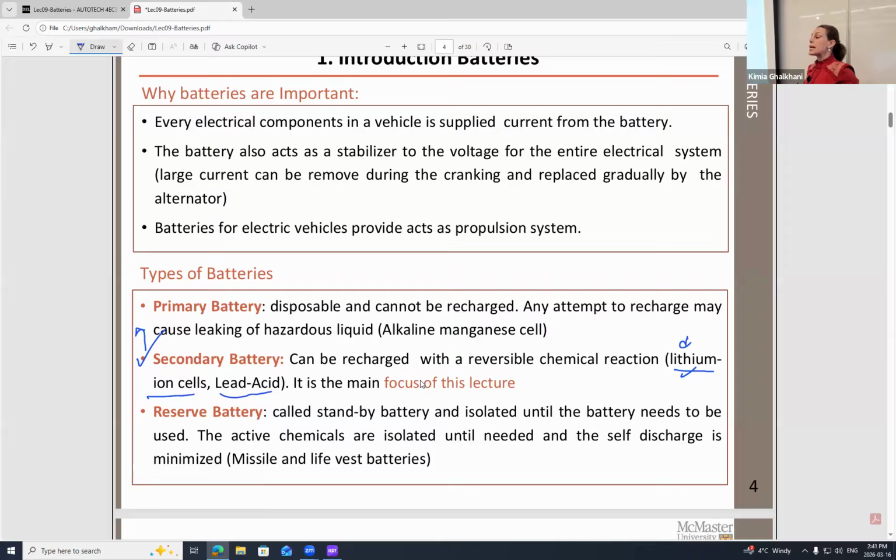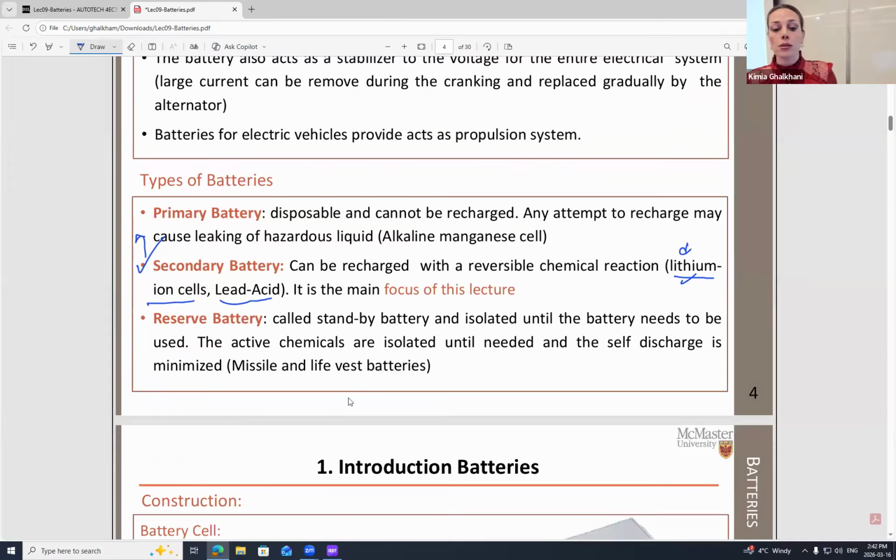That's why lithium ion is the most efficient option for small devices that are going to be frequently charged and discharged. There is much more to this conversation, which we will discuss later. So mostly I'm going to focus on lithium ion and lead acid batteries today, and we will discuss the other types as well.